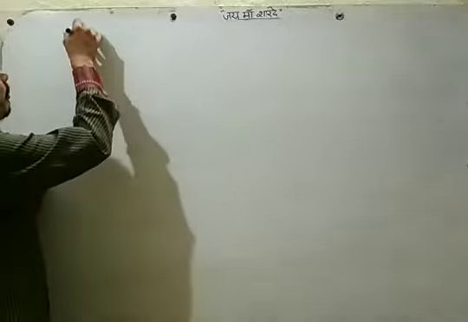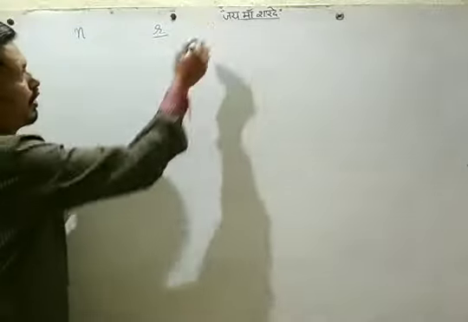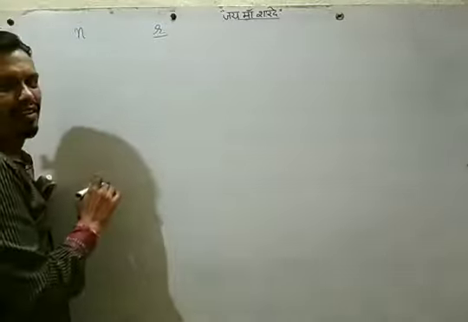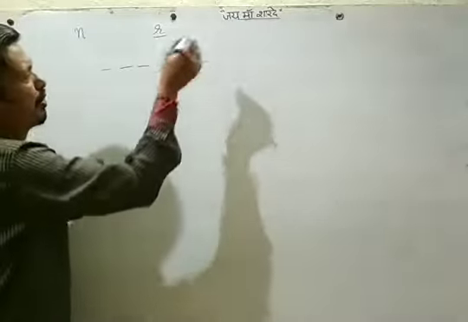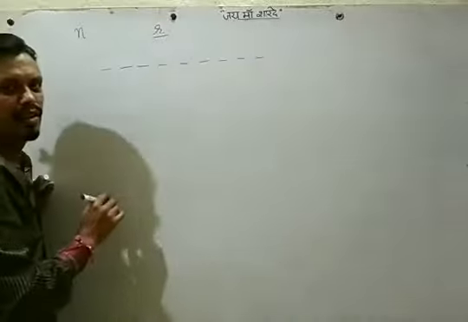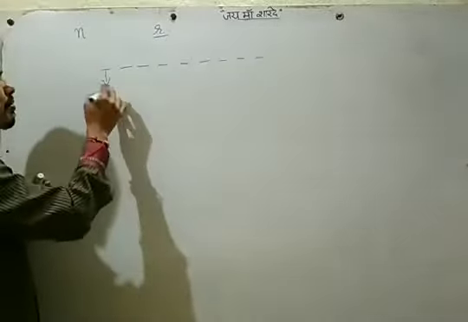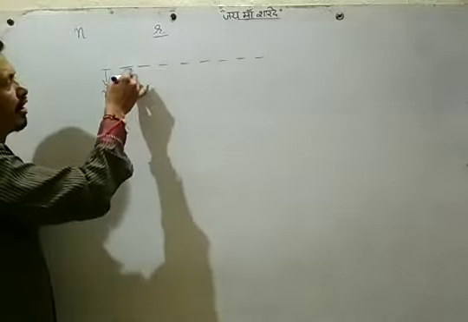Okay, and if from n objects we are taking r objects at a time, and these objects can be repeated, then how many permutations can we form? So again we have r places. The first place we can fill in n ways because we have n different objects.